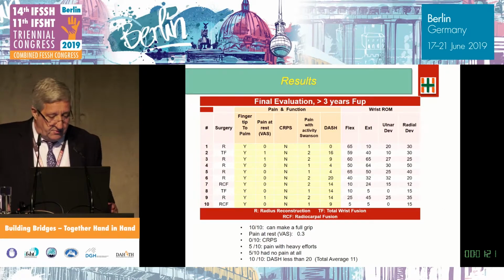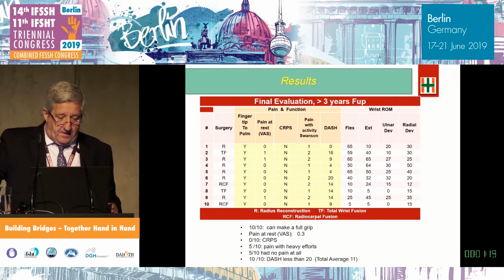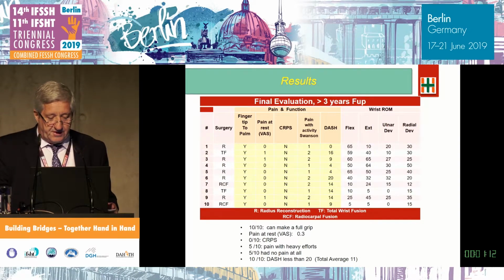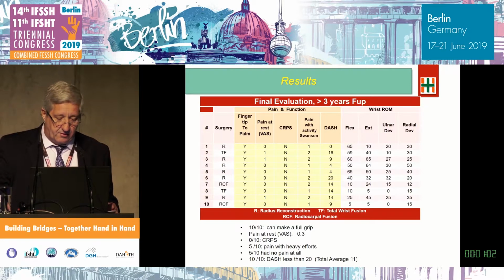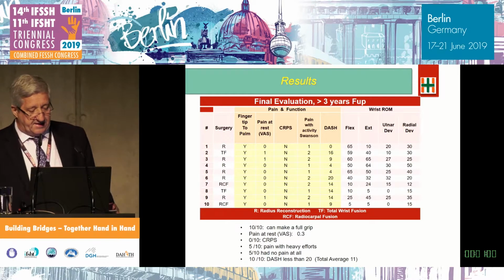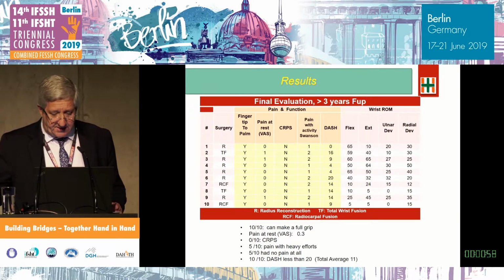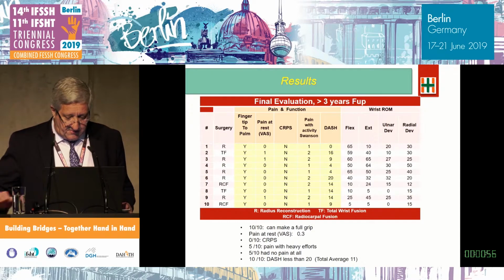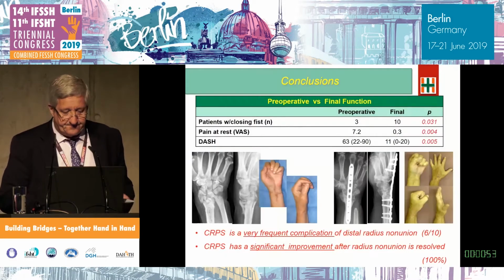With 3 years follow-up after operation, all could make a full grip. Pain at rest improved to 0.3. We have no CRPS. Half of the patients have pain, but only with heavy efforts, and 5 patients had no pain at all. And all patients had a DASH score less than 20, with a total average of 11.